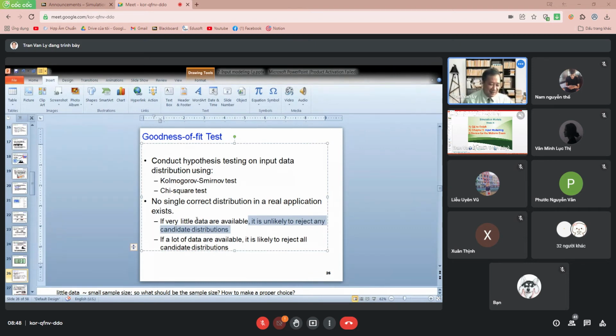And on the other hand, if you have a lot of data, you have many options, so it's very likely for you to reject all the candidate distributions. So what should be enough?